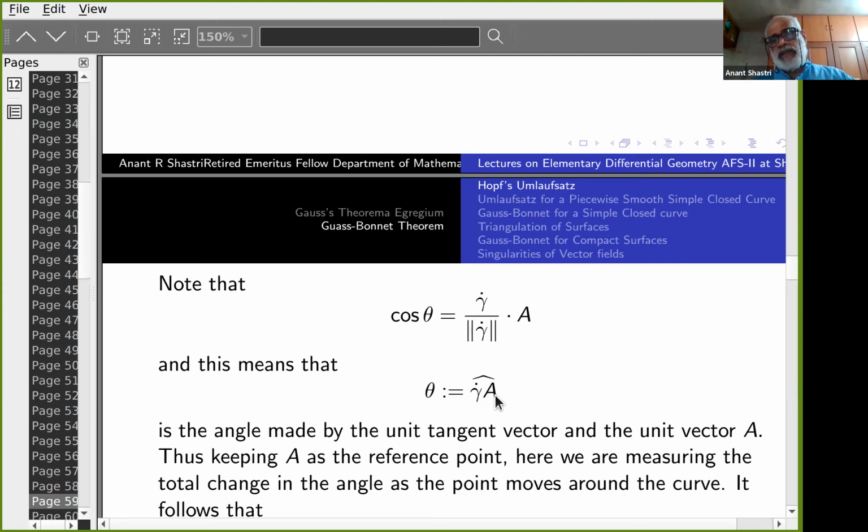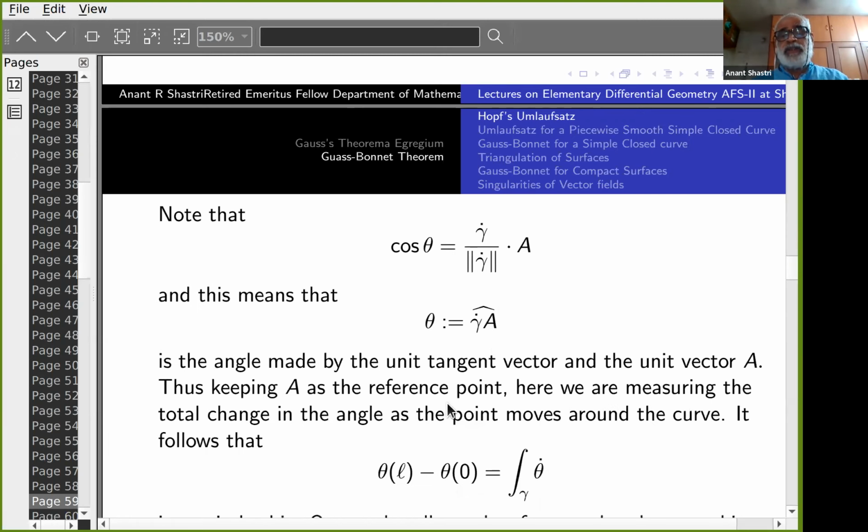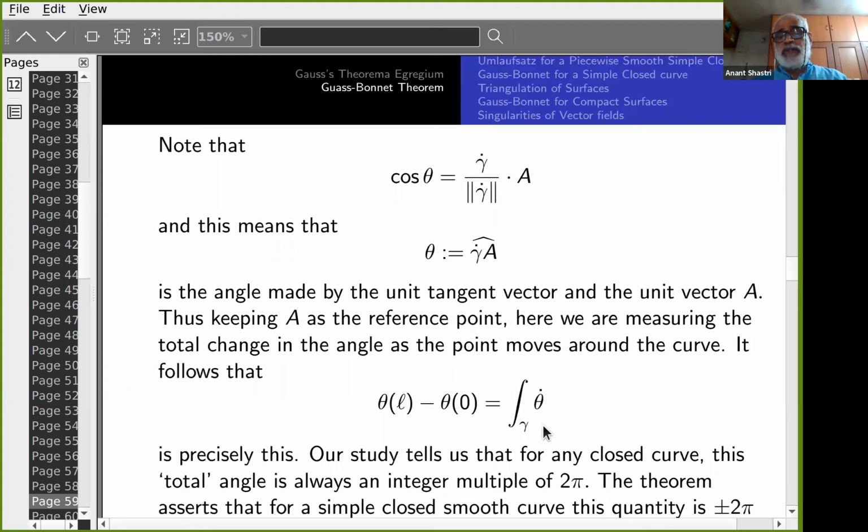The measuring is taken from A to gamma dot. So that is theta by the very definition, and cos theta is equal to this dot product. Therefore, what is theta dot? It is the rate of change of theta. The integral of theta dot is the total change. So theta L minus theta 0 is the integral of theta dot along this curve.